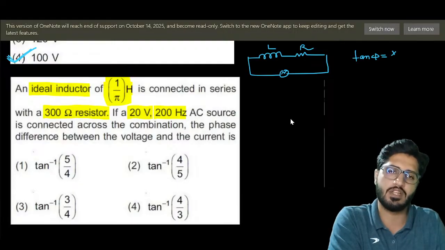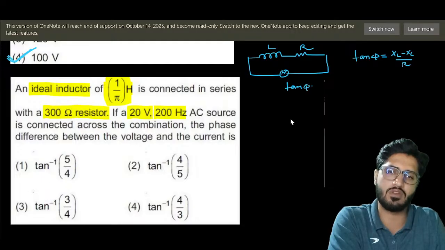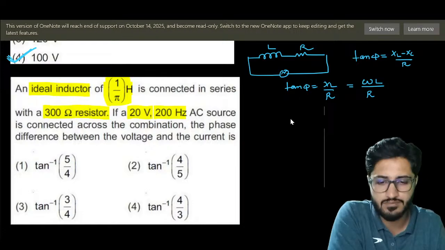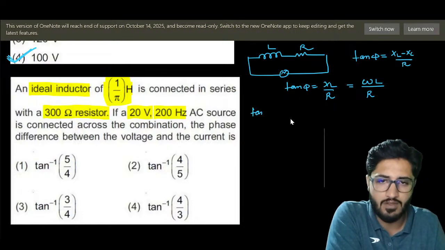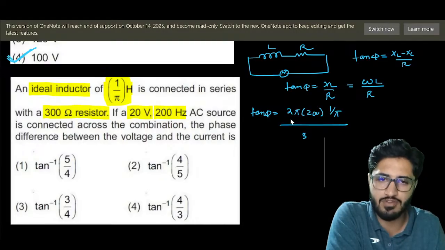Is it XL minus XC divided by R? We don't have any XC, so it is XL. So my tan phi equals XL by R. What is XL here? Omega times L, whole divided by R. Omega is 2 pi F, F is 200, L is 1 by pi Henry, whole divided by R, R is 300. Zeros cancel out, pi cancels out.